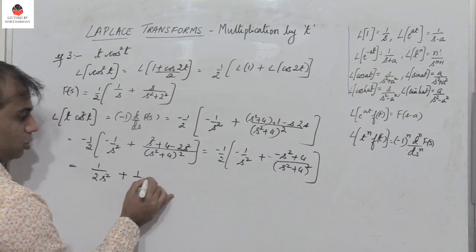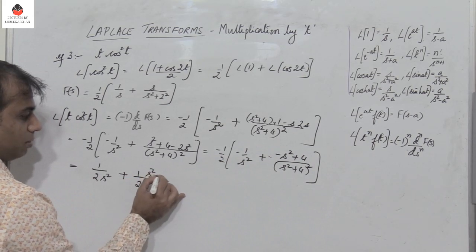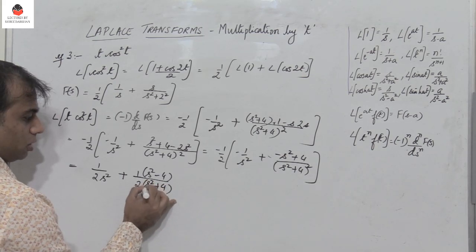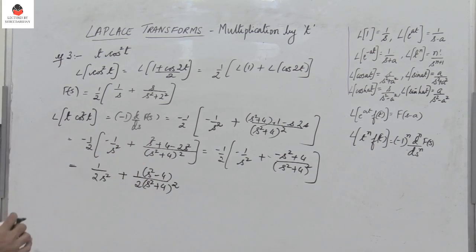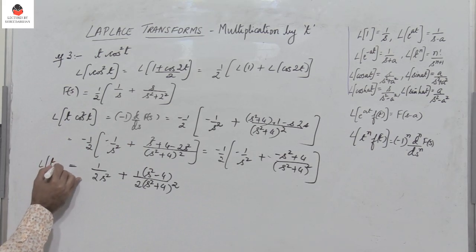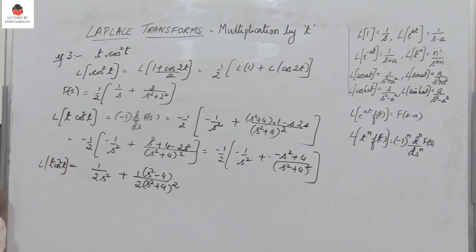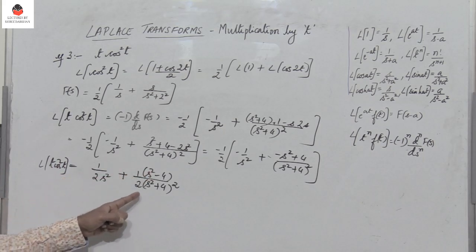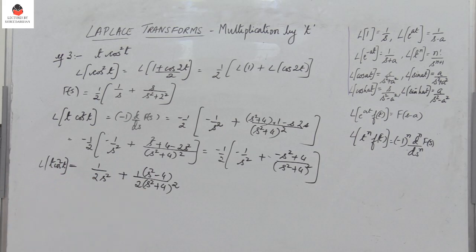So you get 1 by 2 into s square minus 4 divided by s square plus 4 the whole square. Right, so this is the Laplace transform of t cos square t. Right, so it is 1 by 2 s square plus s square minus 4 divided by 2 into s square plus 4 the whole square.